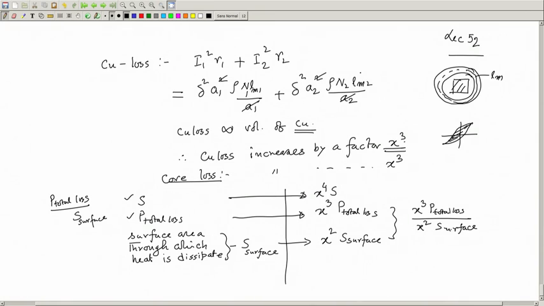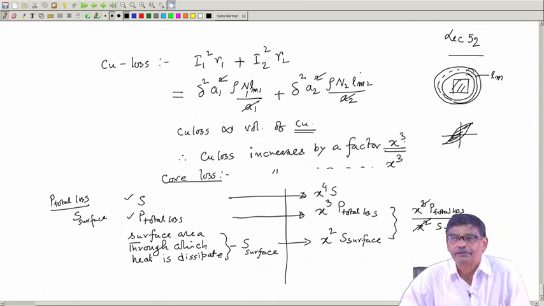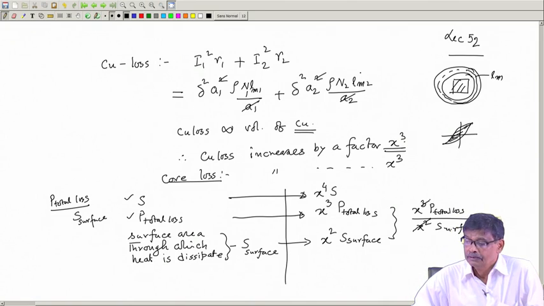Got the point, and this becomes x. Therefore, what we note here is that losses increase by a factor of x cube, but the surface through which heat will be dissipated is only increased by a factor of x square. Therefore, temperature rise will become more now, because the available area through which heat will be dissipated out to the atmosphere becomes less.